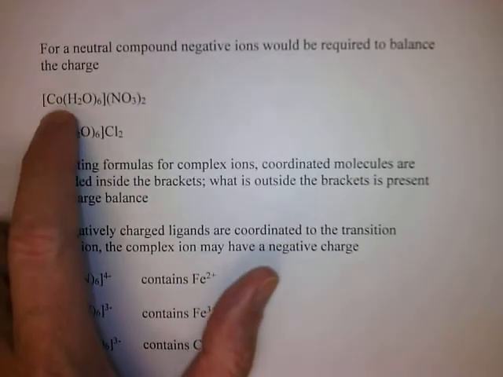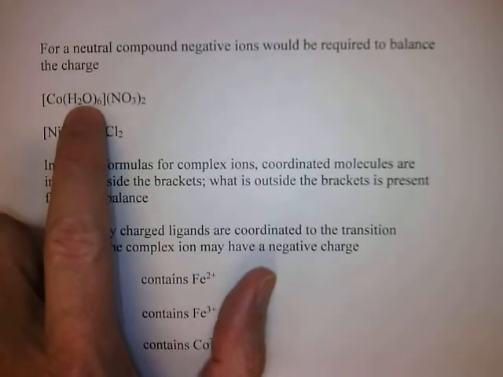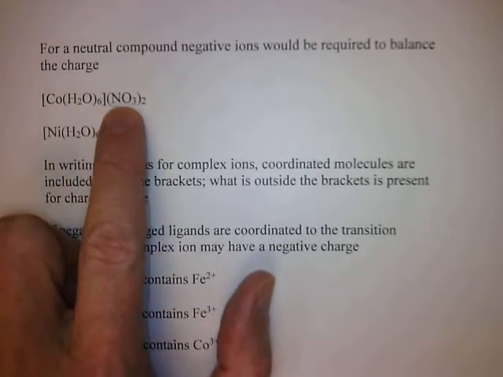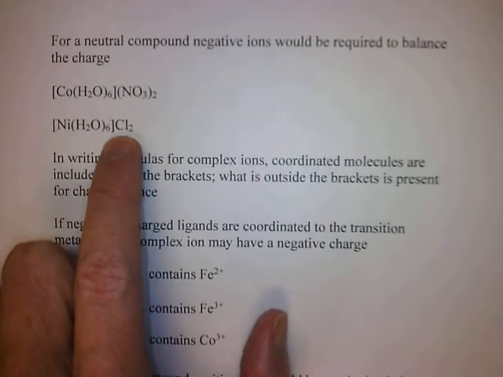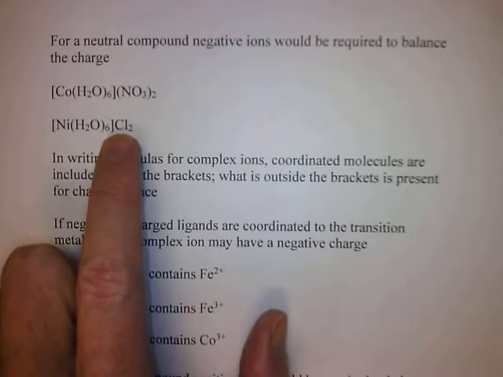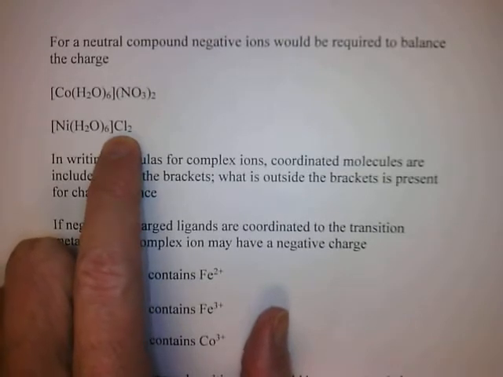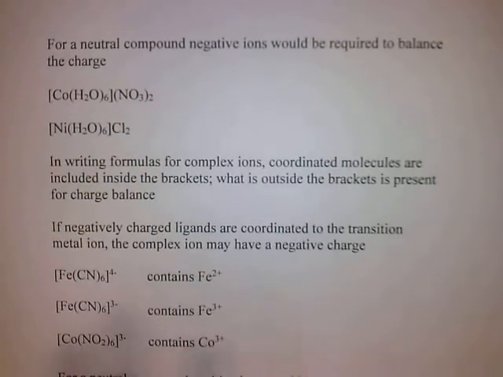This is a complex ion that has 6 waters on it with 2 nitrates outside to balance the charge, but these are not coordinated. Same thing here. Even though chloride can be a ligand, it's not functioning as a ligand here because it's outside the brackets. Those chlorides are present for charge balance.